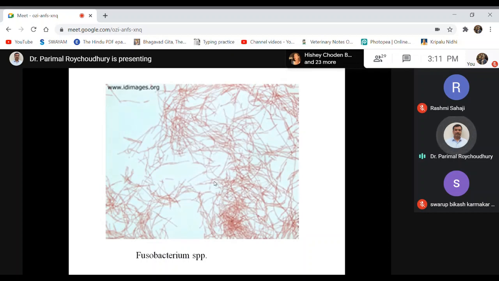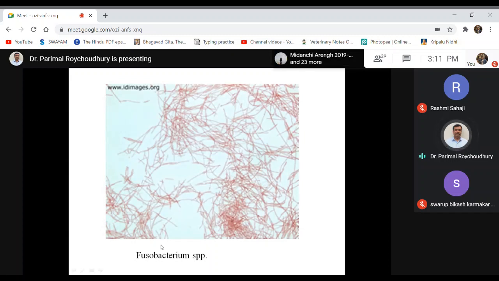This is another bacteria called Fusobacterium. They always produce filamentous growth, like hair. At a certain point, people were confused with fungi, but later found that they are pure bacteria. They are not fungi, and they belong to an anaerobic group of gram-negative bacteria called Fusobacterium.